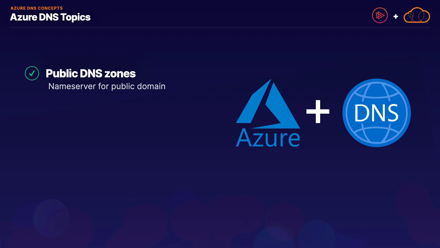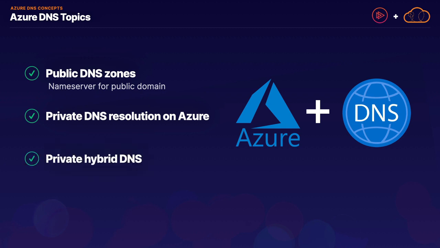We will also cover two separate but related concepts relating to private DNS on Azure, in which we are going to focus on private DNS resolution on only Azure itself, and we're also going to discuss a number of hybrid scenarios in which you need to integrate non-Azure networks with Azure networks and resolve or route private DNS requests from your non-Azure network to Azure and vice versa.